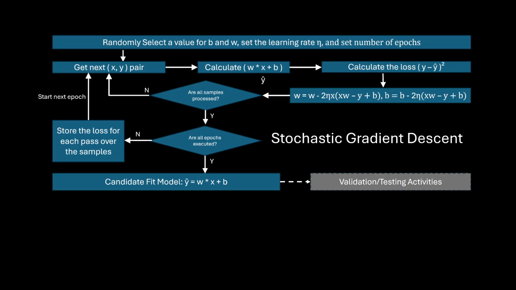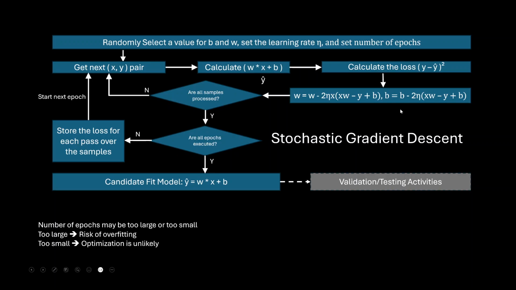So, a couple of observations about this flow. There are, of course, a number of different things that can be done to really optimize this flow. But a couple of observations. The number of epochs may be too large or too small. If the number of epochs is too large, we run the risk of the model overfitting the data. What this means is the model is so good on the training data.